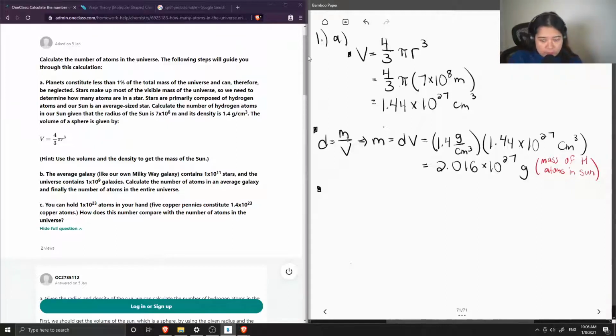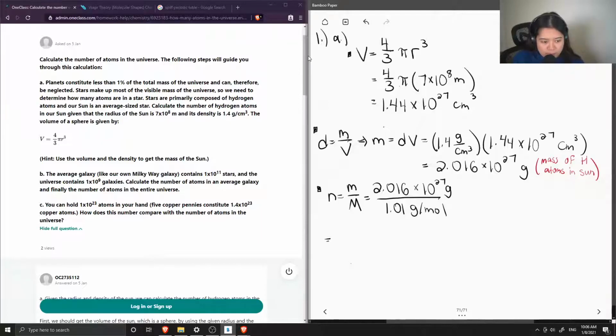So in order to find the atoms, we first need to find the number of moles. So the number of moles is equal to mass over molar mass. The mass of hydrogen atoms was 2.016 times 10 to the 27 grams. And the molar mass of hydrogen is 1.01 grams per mole.